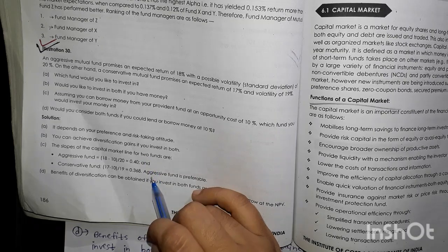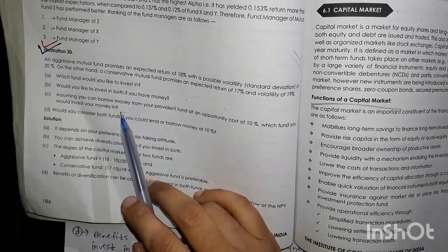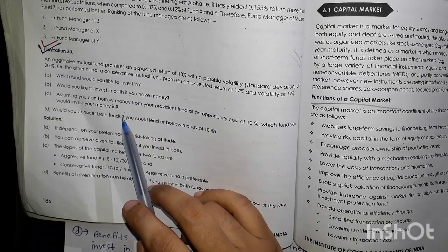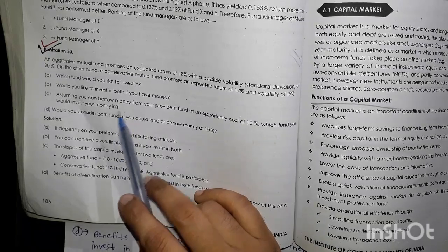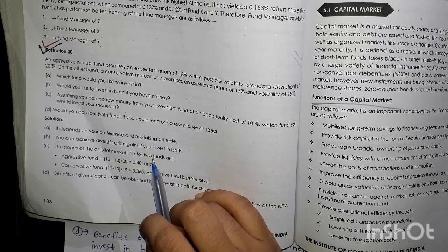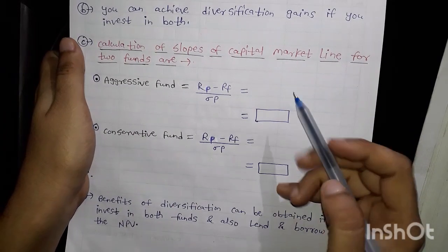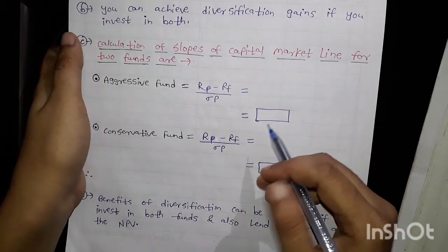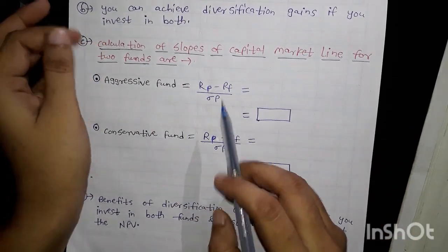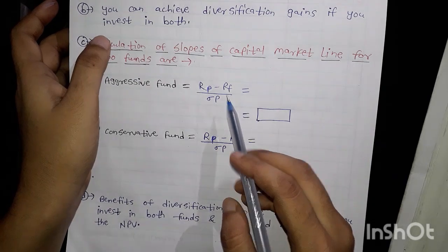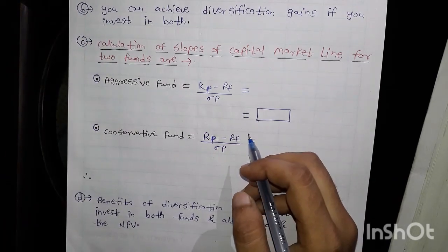Okay, so basically this question is asking which investment you would prefer if you borrow money from the provident fund at an opportunity cost of 10%. Okay, so here we will do some calculation for this part C. The aggressive fund is equal to RP minus RF divided by the standard deviation of the portfolio.